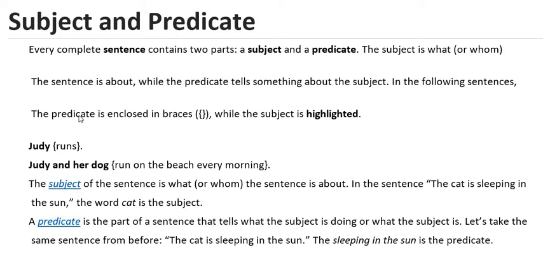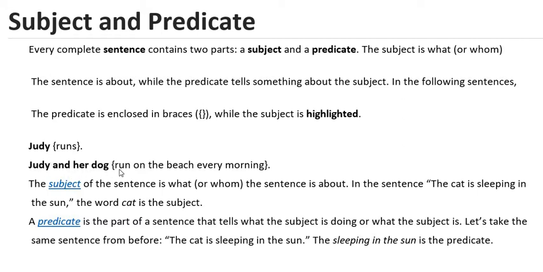In the following sentence, the predicate is enclosed in braces while the subject is highlighted. Judy runs. अब Judy subject highlight किया गया इस word को और जो braces में word है वो predicate मतलब कि runs.